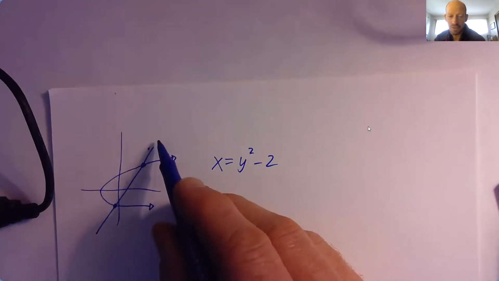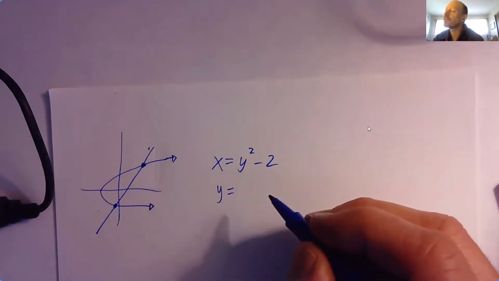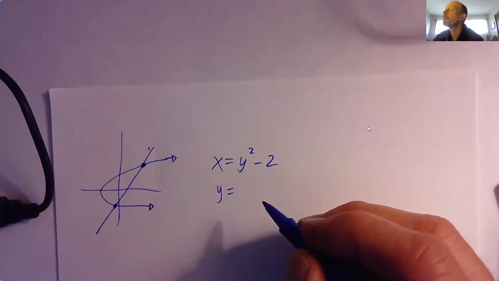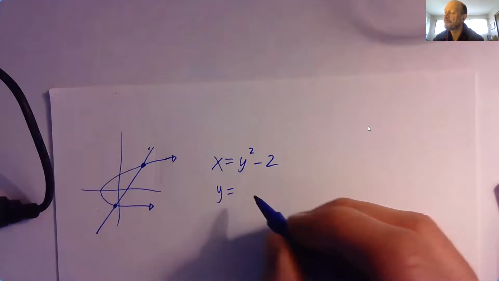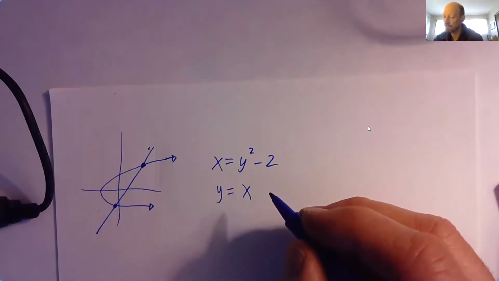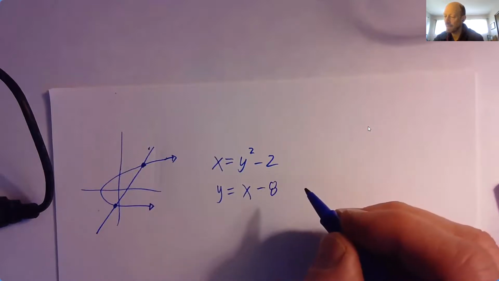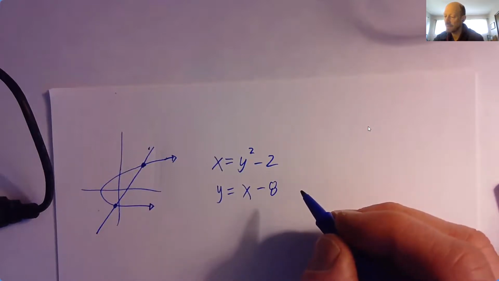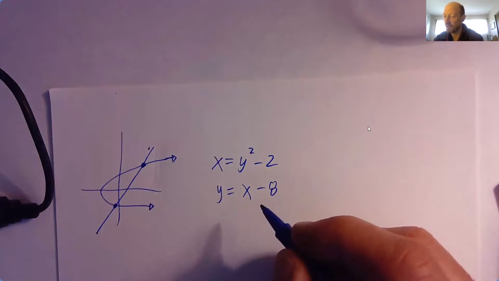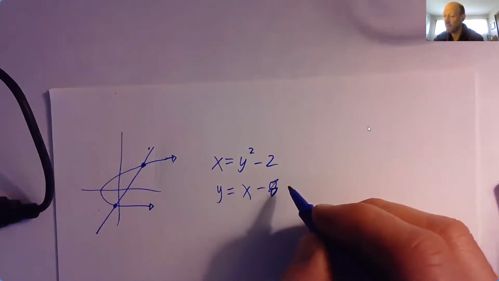And let's say this other line here, let's make that y equals x minus 8. Clearly my scale's off there. How about instead we do y equals x minus 1?